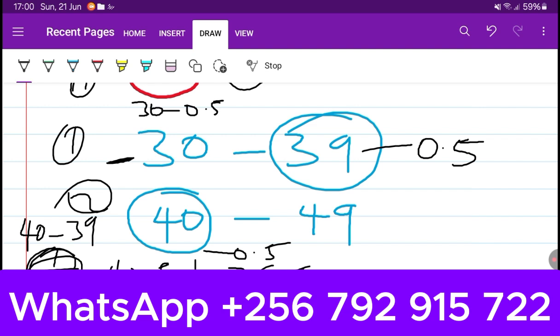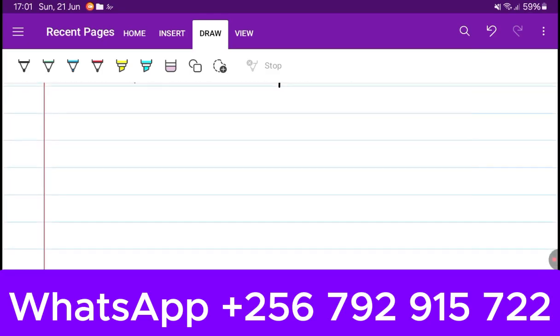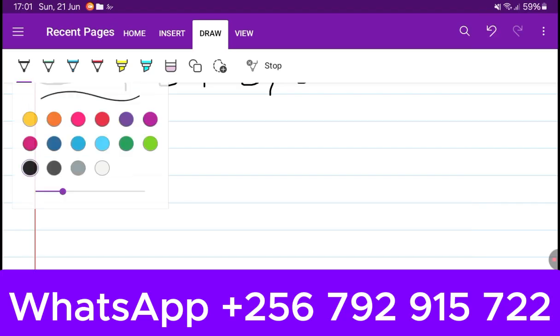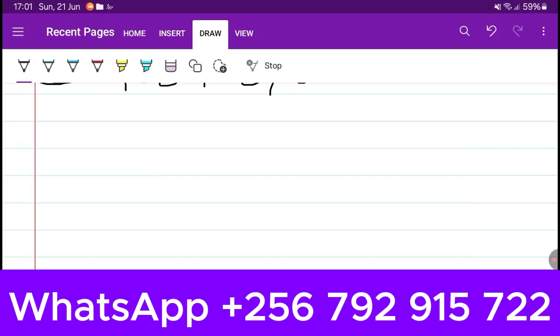That's the reason why we always add a 0.5, depending on the difference. But we are going to see how we do them practically, and we shall use other methodologies to get to those points. You will understand later as we move on.